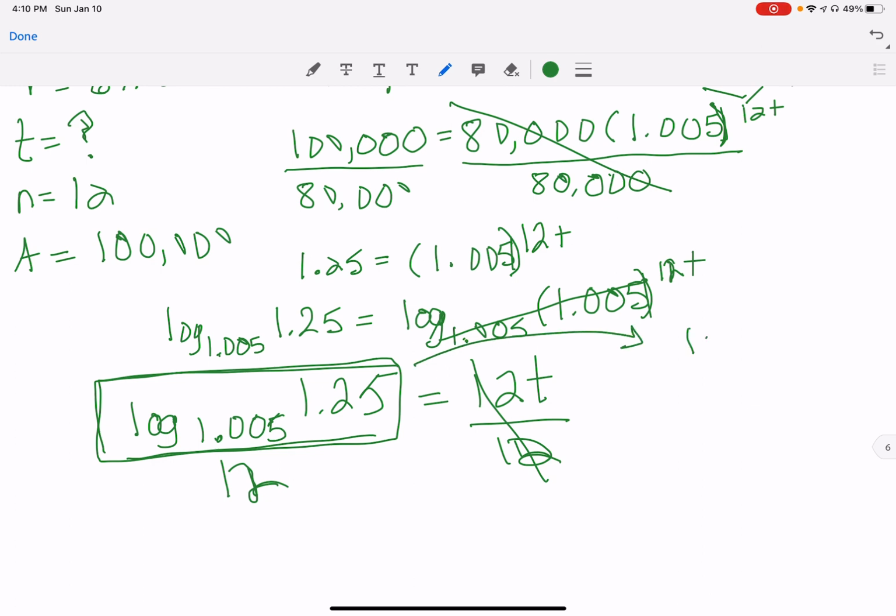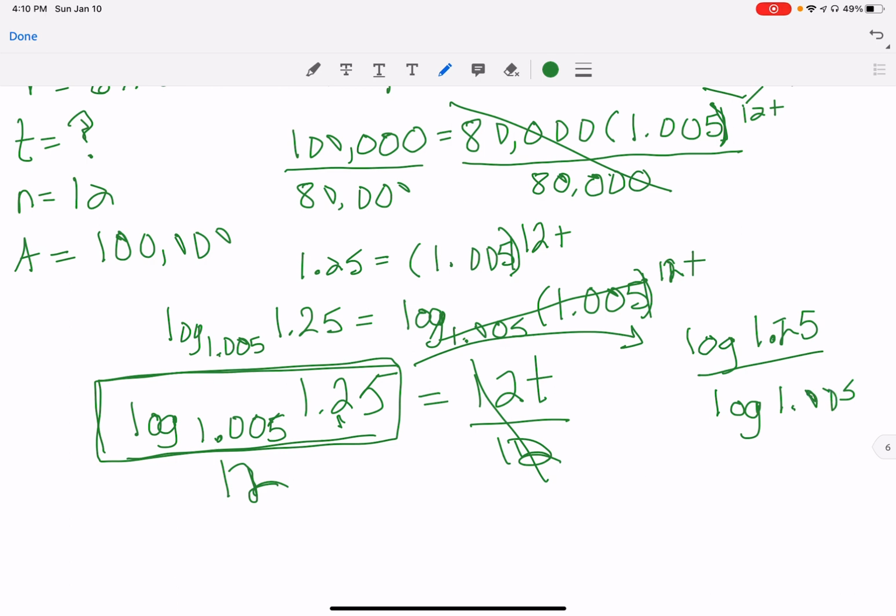That's our log a. And remember, you can scroll back up and look at the change of base formula. Our a will be this 1.25. So that's our log a divided by our log b, 1.005.